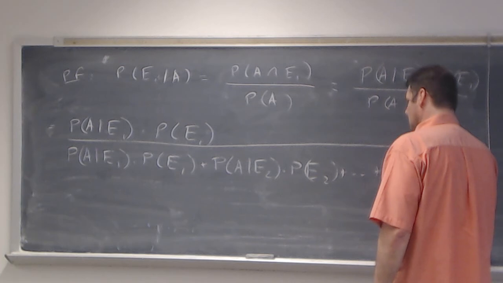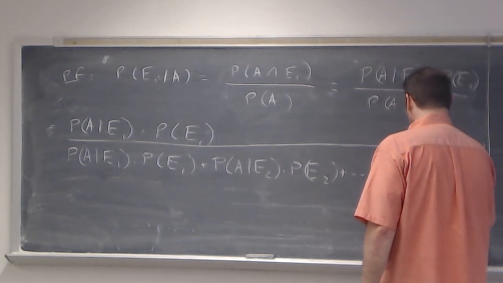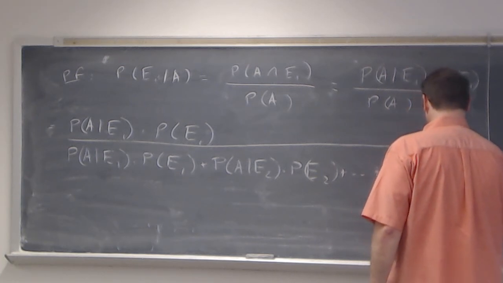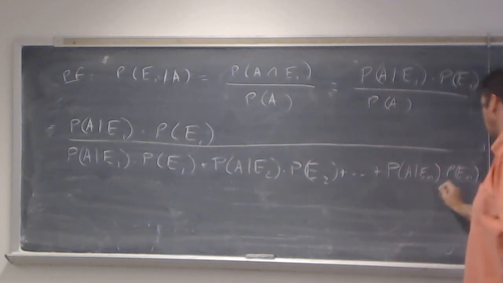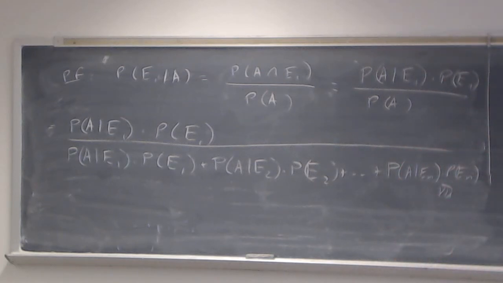And then we have the probability of A given En times the probability of En. And that is what we wanted to show. That's its proof. Sorry, I got a little confused there for a minute.